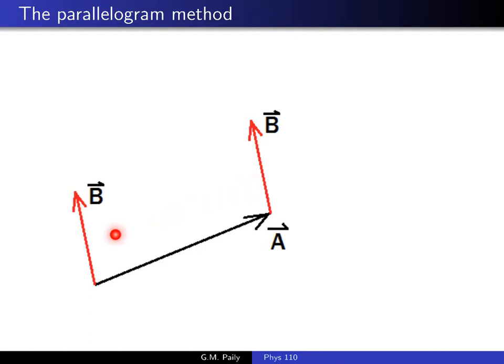Remember that just moving a vector without changing its direction or length leaves it the same. So this vector B is the same as this vector B.